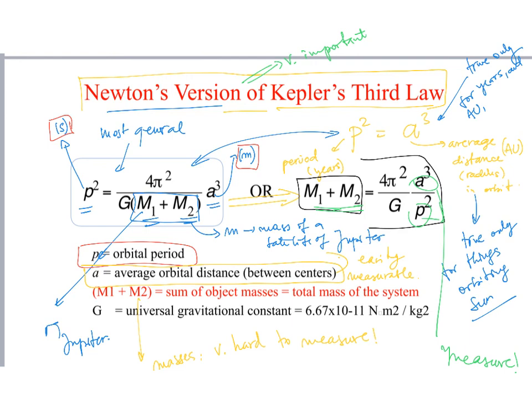We have a tool to estimate or calculate masses. Without this, we wouldn't know just how much matter is in the sun. We wouldn't know how much matter is in Jupiter. We wouldn't know how much matter is in the universe, period.